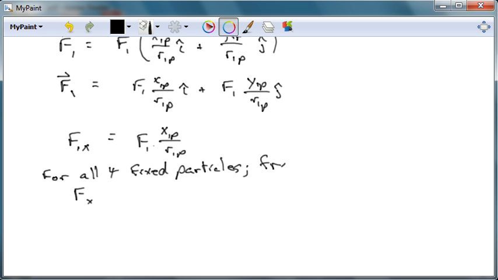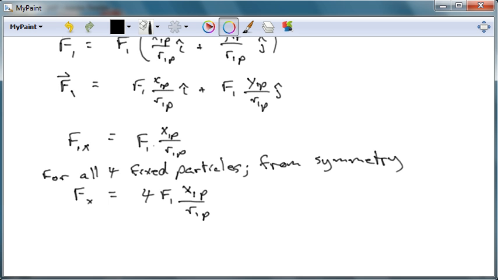From symmetry. So I got to tell the reader how I arrived at this. The total fx due to all four of them is just 4 F1 x1p r1p times, that's it, times nothing, times 1 if you wish.